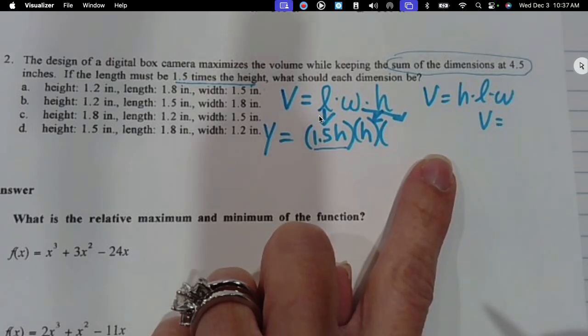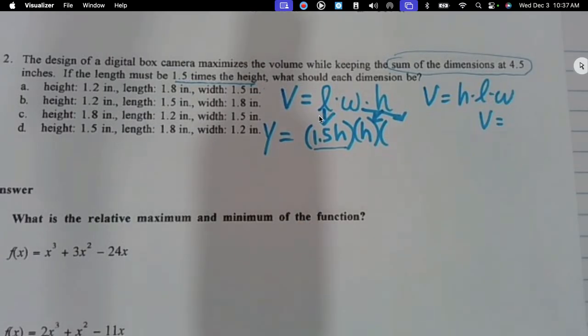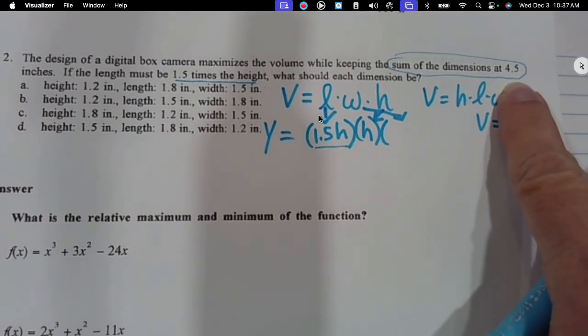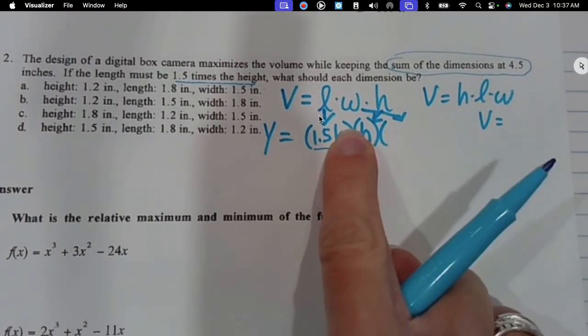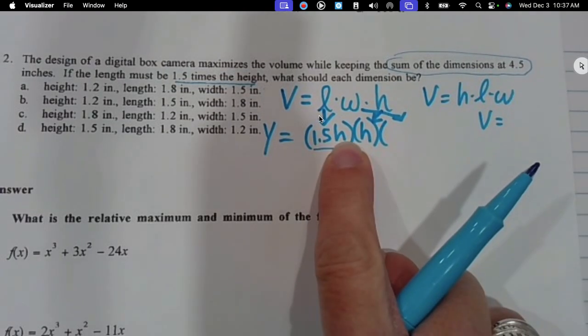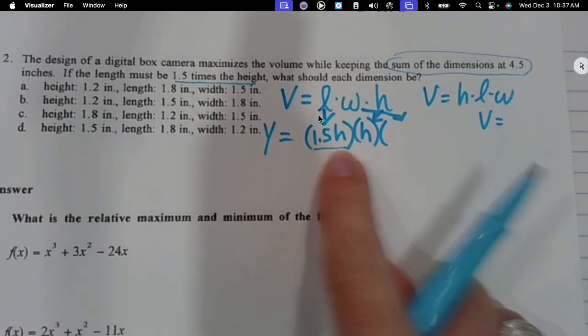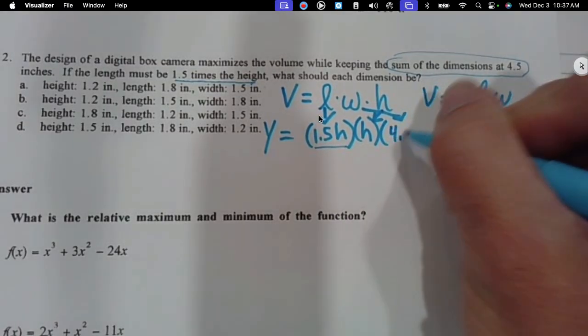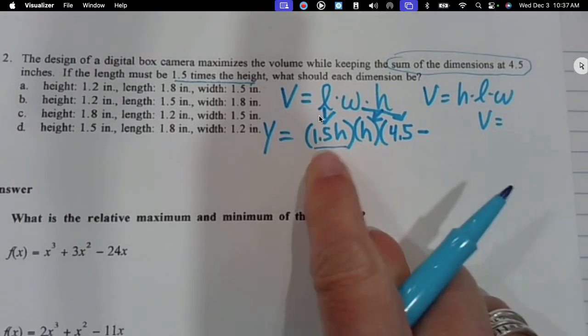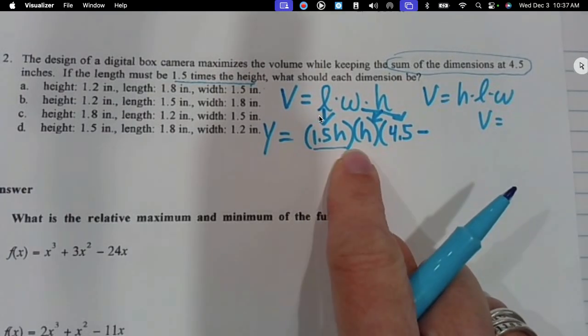If I add three things, the length, the width, and the height, their sum is what? 4.5. Well, I already know my length and my height. Right here. So I can do 4.5 minus, what is 1.5h and another h? How many is that? 2.5h.